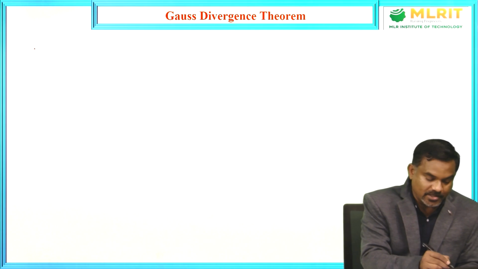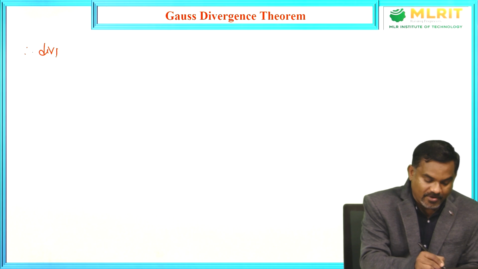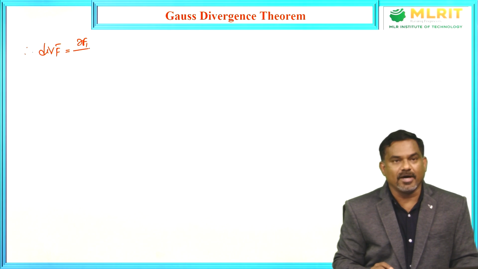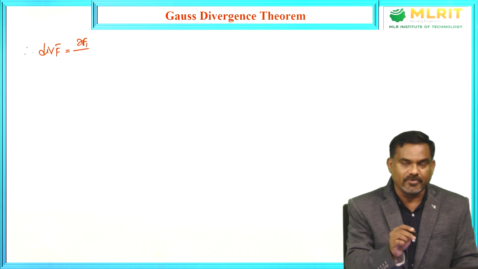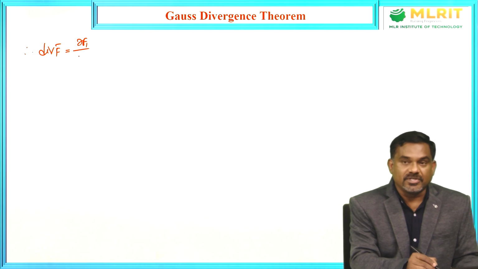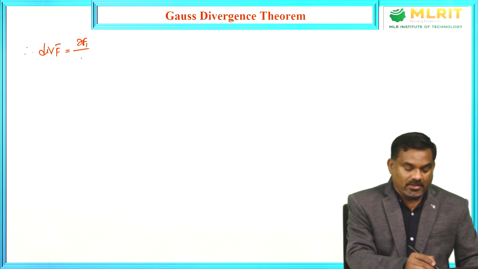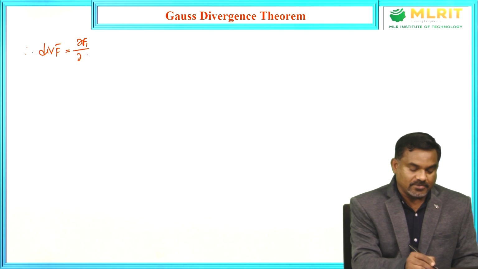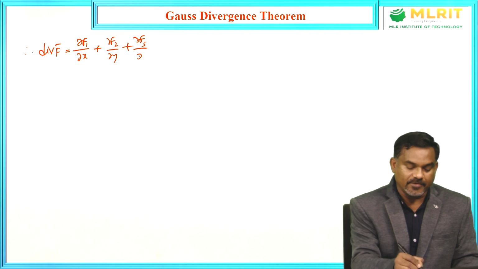Therefore, we know that div f bar is del dot f bar, the dot product between the gradient operator and the vector f bar, which is the sum of the products of corresponding components. So dou f1 by dou x plus dou f2 by dou y plus dou f3 by dou z.